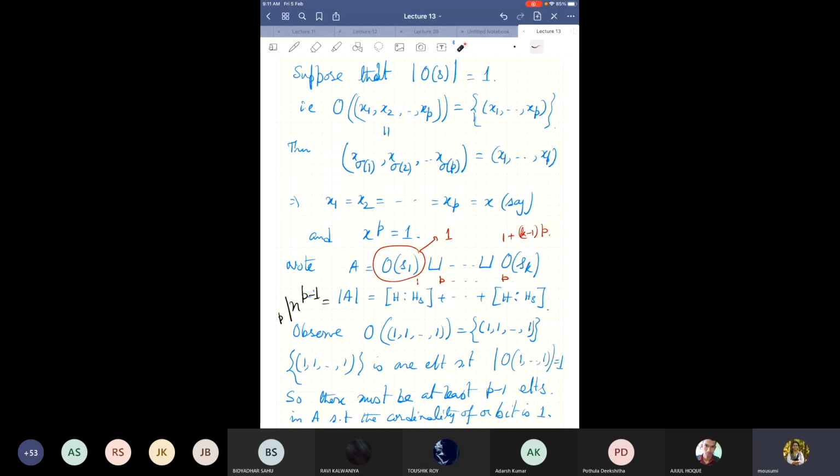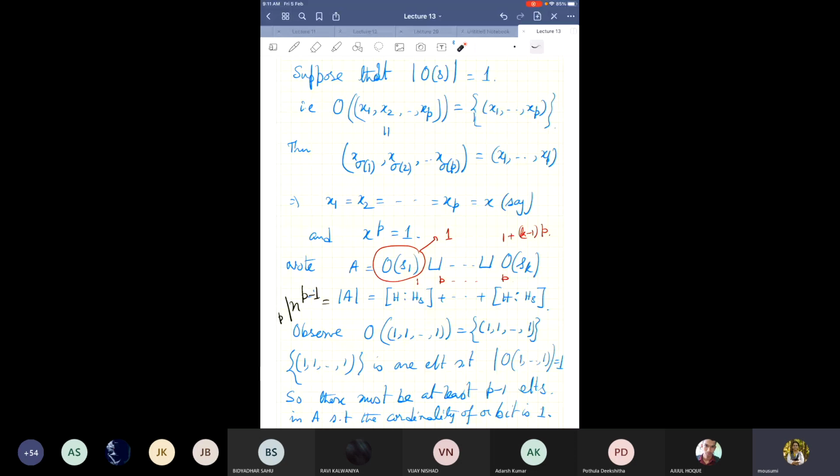Are you following or not? Yes, ma'am. So P should divide this side also. But if all of the other orbits have cardinality P, then I will get 1 plus (k minus 1) times P, and P doesn't divide this number. So that means not all of them can be P. There will be some elements which again give you 1.